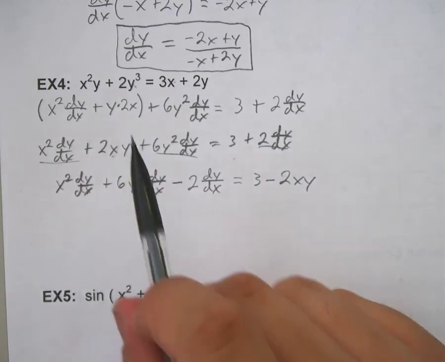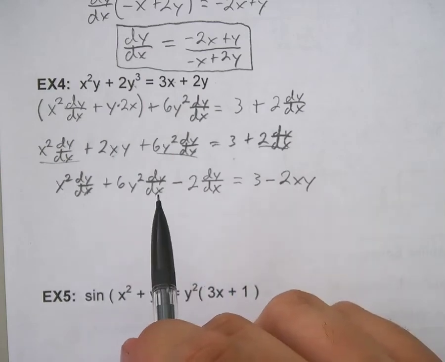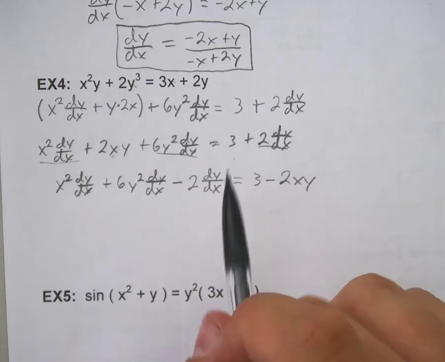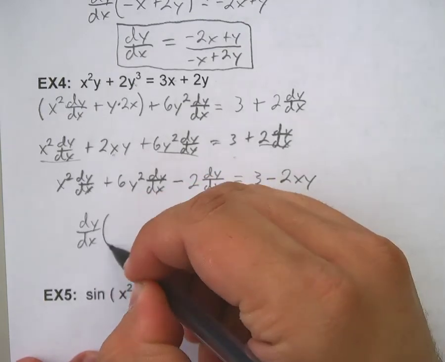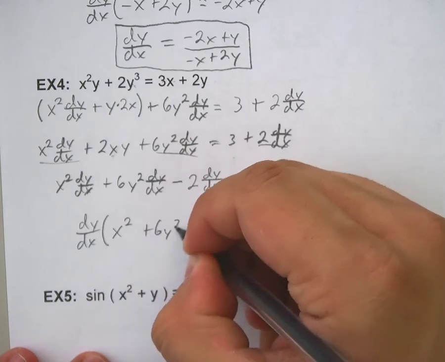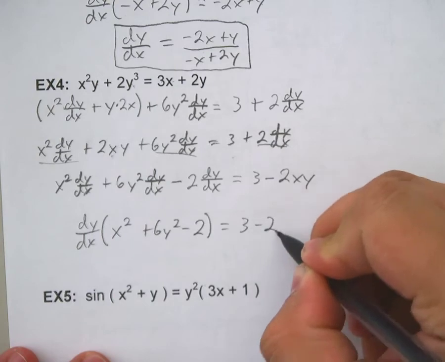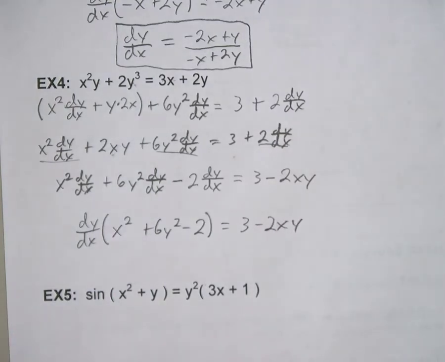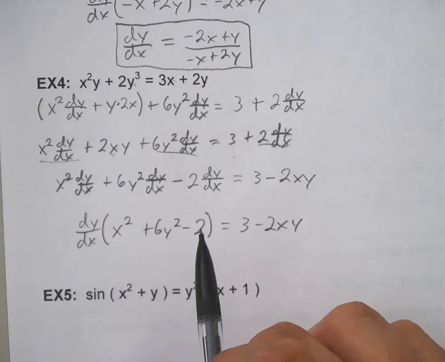So take your derivative, simplify it a little bit, get all of your dy dx's on one side, everything else to the other, and factor out dy dx. I got x squared plus 6y squared minus 2. Last step, divide over x squared plus 6y squared minus 2.